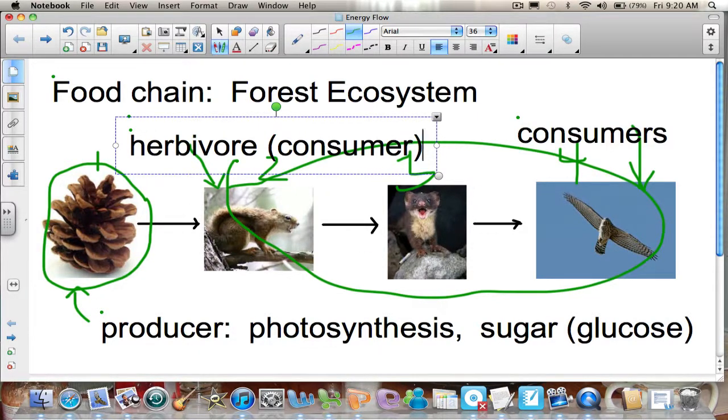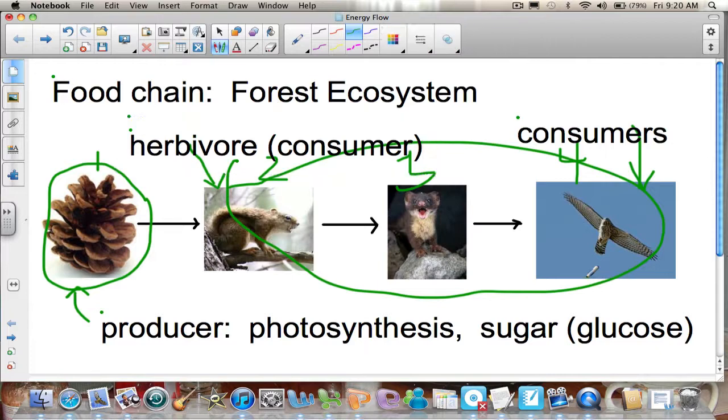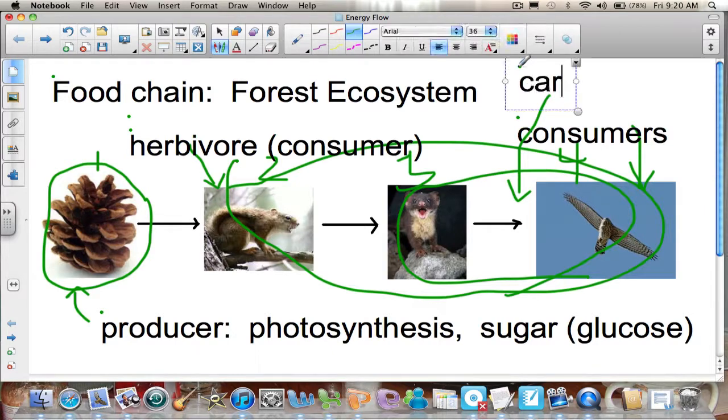When we look at the weasel or the goshawk, they're only eating other consumers. And as a result, we call them carnivores. So like the herbivores, these carnivores too are consumers. They just don't eat plants.